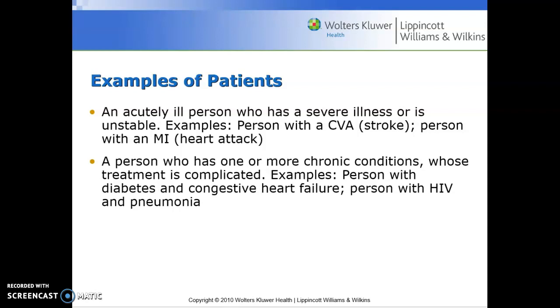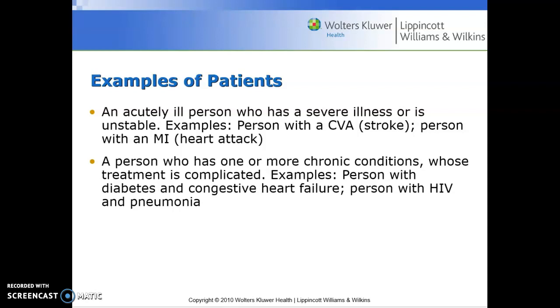Now we're going to talk about the examples of patients. An acutely ill person who has a severe illness or is unstable would be like a person with a stroke who just had a CVA. CVA stands for cerebral vascular accident, just so you know that as part of your medical terminology.